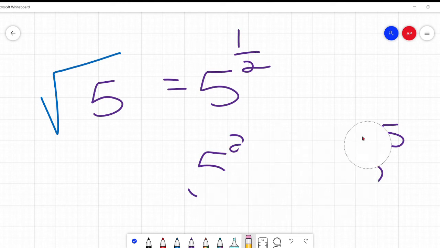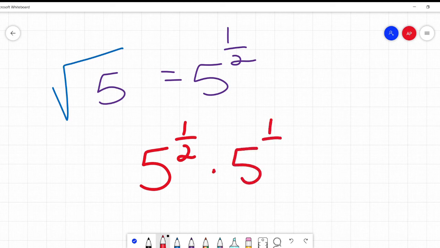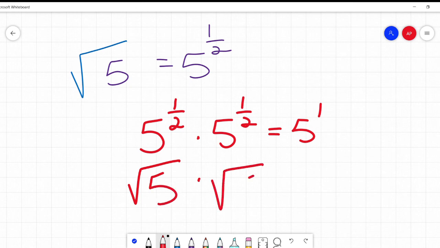And we can see this really clearly by taking 5 to the power of 1/2 times 5 to the power of 1/2. 1/2 plus 1/2 is 1. 5 to the power of 1, or just 5. Well, we've said that 5 to the power of 1/2 is the square root of 5, and the square root of 5 times the square root of 5 is just 5.